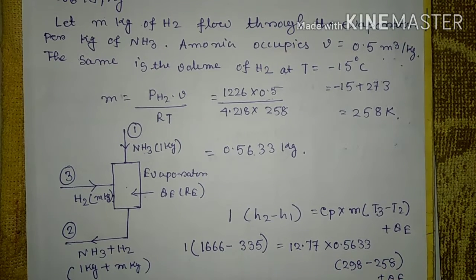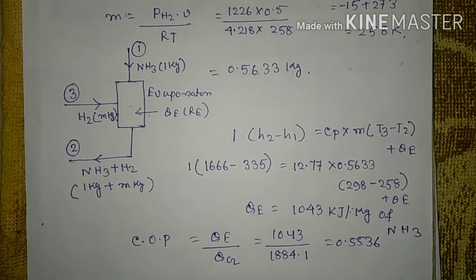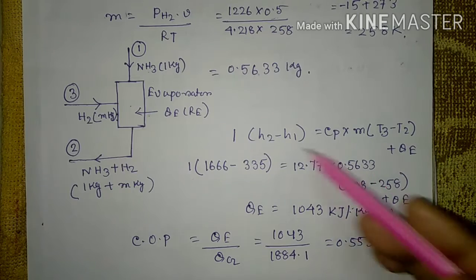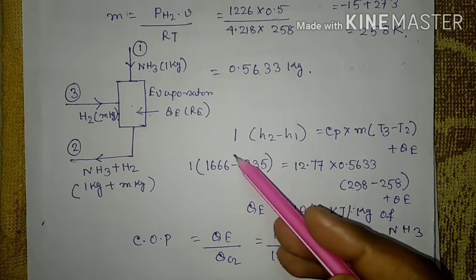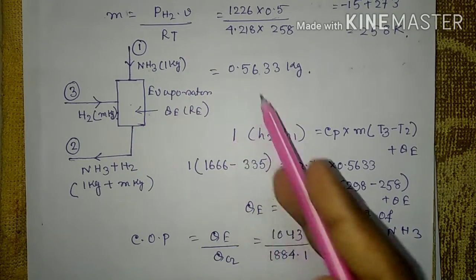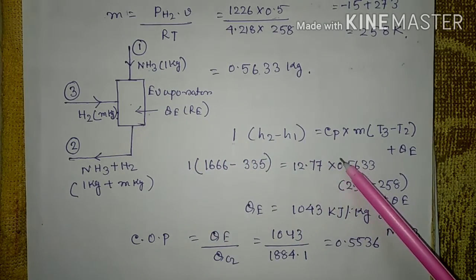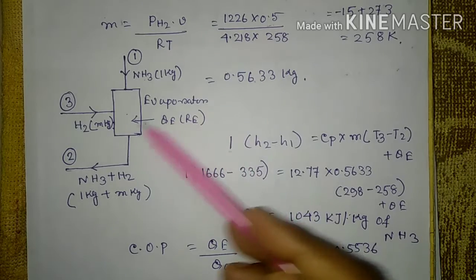Now, as you know, the COP is the ratio of QE by QG. Considering the energy balance for the evaporator as shown in your diagram, for 1 kg of ammonia, the net energy balance will be H2 minus H1 equal to Cp into M into T3 minus T2 plus QE.